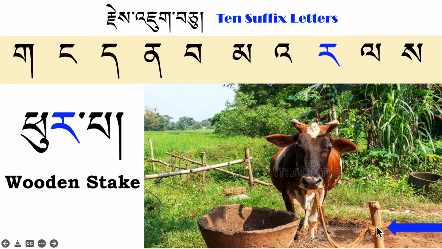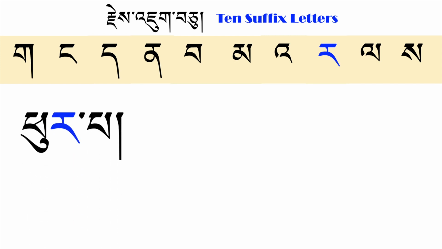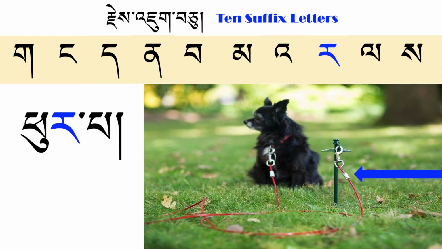That is how they keep a cow tied, and also a buffalo, a goat, a dog. Here in the West, people use a metal stake instead of wood for a dog or anything. The basic purpose is to tie. That is called purpa.